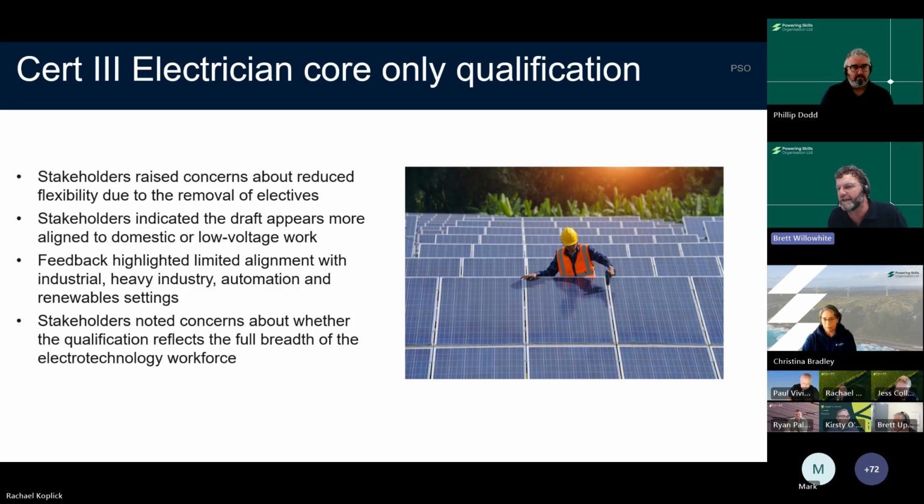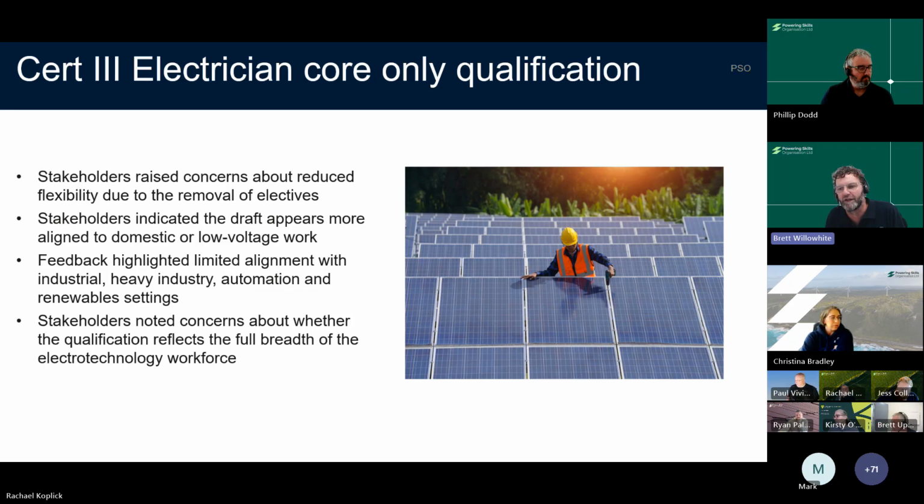An example of that is we've been constantly told through our feedback in the early stages of this project that a big gap in the electrician tradespeople that are coming out at the end of training is around correct isolation procedures and testing and fault finding. So we're trying to embed that into as many units as we can, which obviously adds to those units of competency.